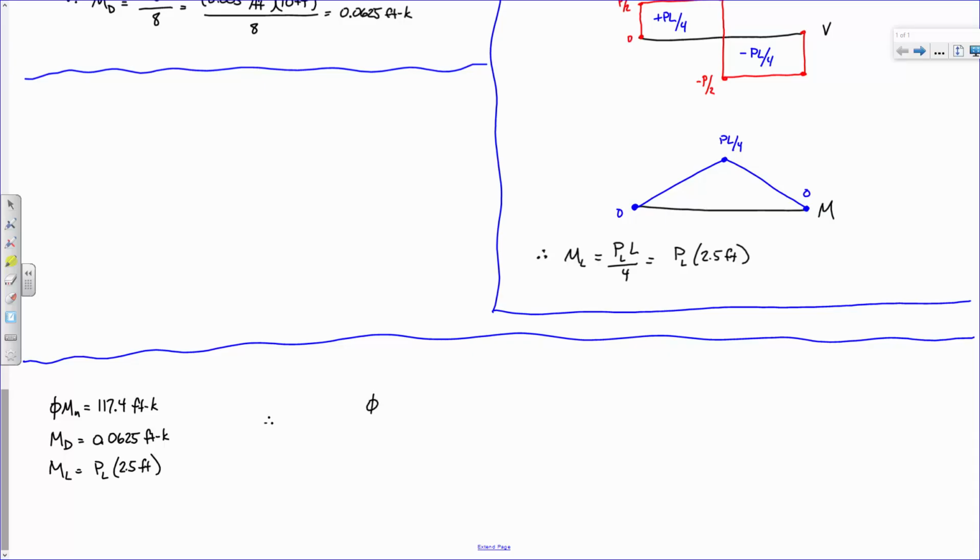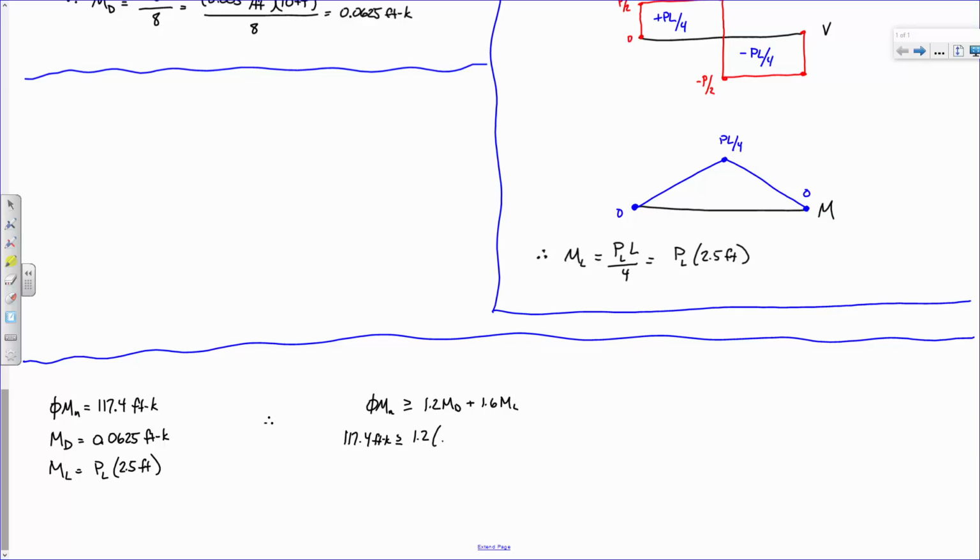So since VMN has got to be bigger than our factored load, and what's our factored load? There we go. 1.2 times dead plus 1.6 times the live. So VMN has got to be greater than or equal to 1.2. Well, here, let's just do it like this. This is 117.4 foot kips.